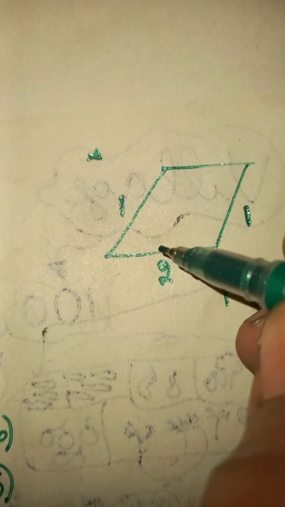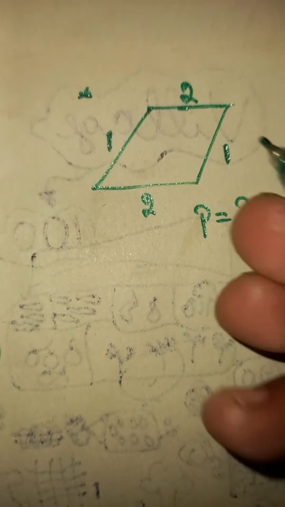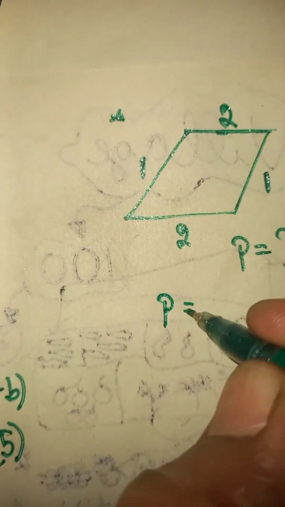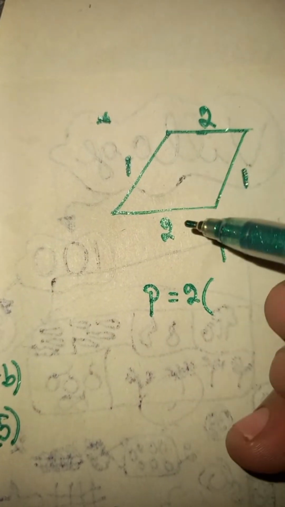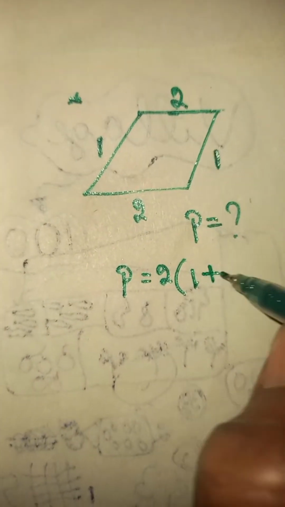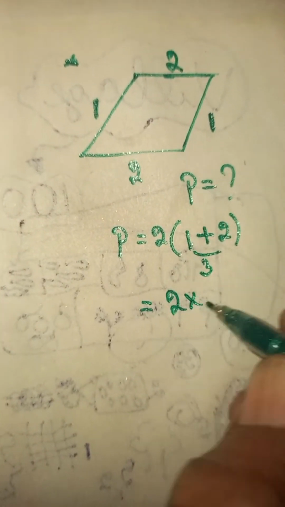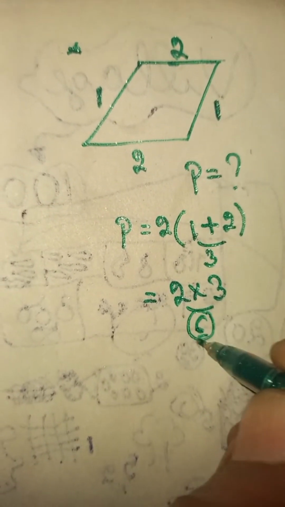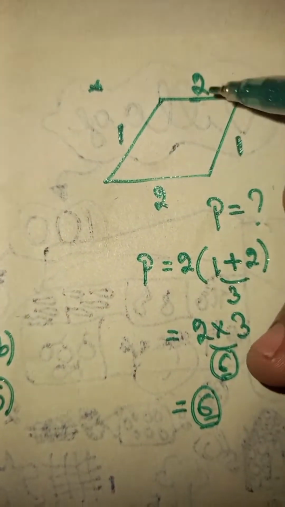This side is 2 units, and this side is also going to become 2 units. Now you can find the perimeter as 2 times the sum of adjacent sides. This is 1 unit, this is 2 units, so it becomes 1 plus 2. 1 plus 2 is 3, so 2 times 3 becomes 6 units. So 6 units is the perimeter of this parallelogram.